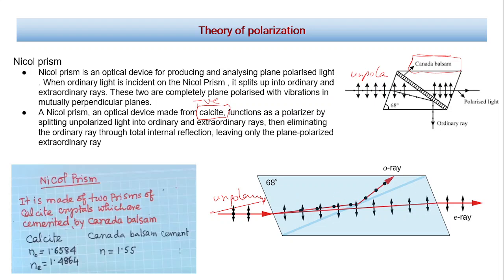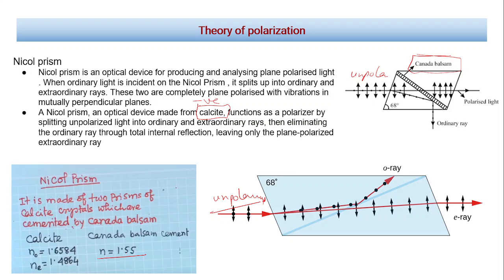What happens is, if it is made of calcite, then for calcite the O ray refractive index is higher, and this Canada balsam cement has a lower refractive index actually. If you see, for the O ray the refractive index is 1.6584, and for the Canada balsam cement the refractive index is 1.55.